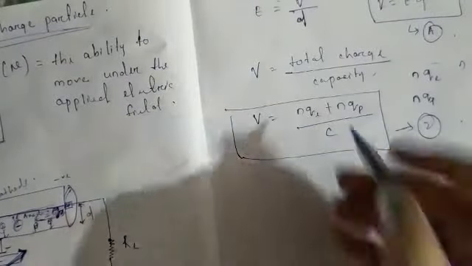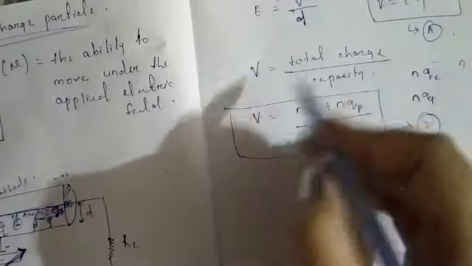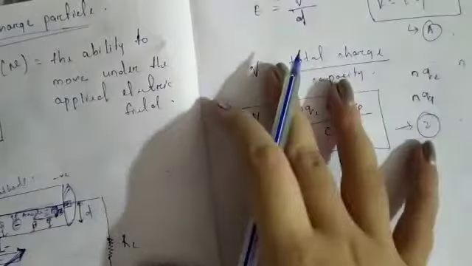Basically, these charges are formed due to the applied electric field, or you can say by applying the potential. So it completely depends upon the potential.